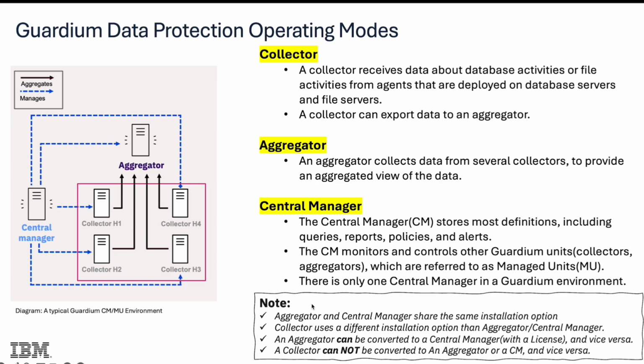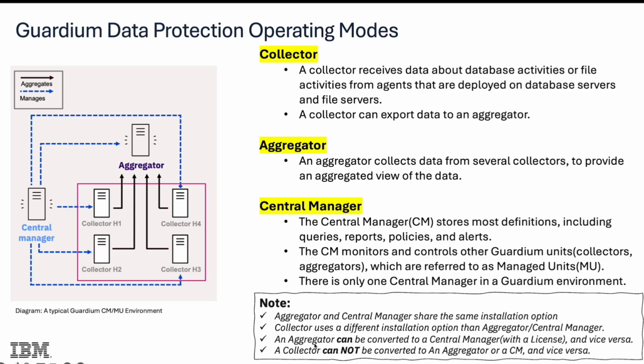Here are important points to note regarding installation for these different modes. An aggregator and a central manager share the same installation option. A collector uses a different installation option from an aggregator and a central manager.